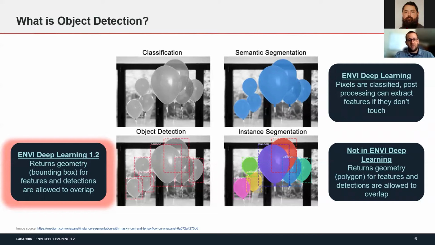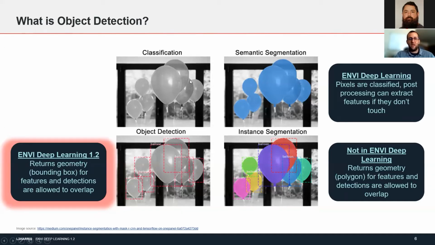Instance segmentation is a more information-rich version of object detection where you get polygons for your features. One of the reasons we stuck with object detection instead of instance segmentation is that object detection is a lot easier to label data for. A bounding box is a click and drag, or just two clicks for the corners, instead of having some complex polygon. So that's one of our main driving forces for why we started with object detection.